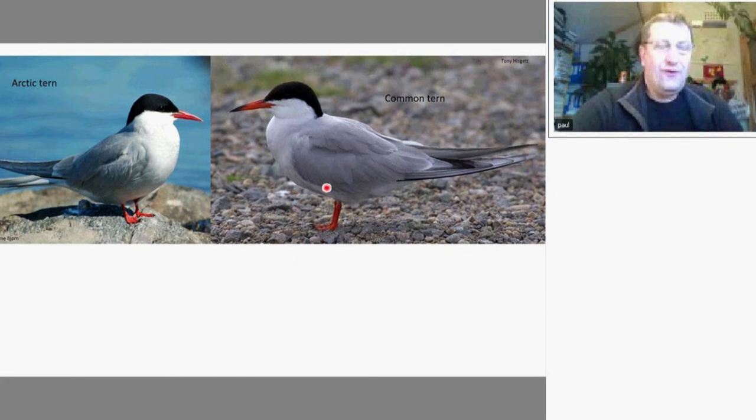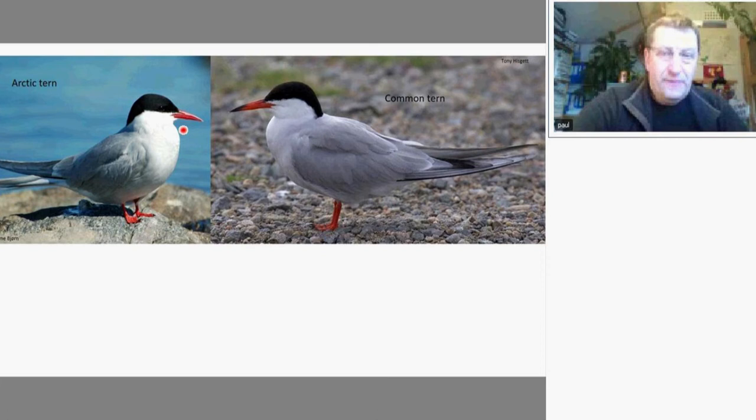Here you see the common tern and the Arctic tern. They are breeding basically in the same type of habitats, and therefore the Arctic tern is more northern distributed compared to the common tern, which is more common in southern Scandinavia and in Europe. Altogether in Europe we have 13 species of terns.